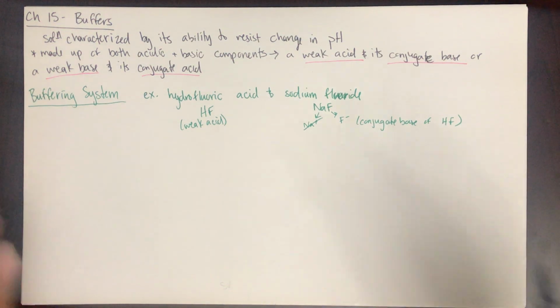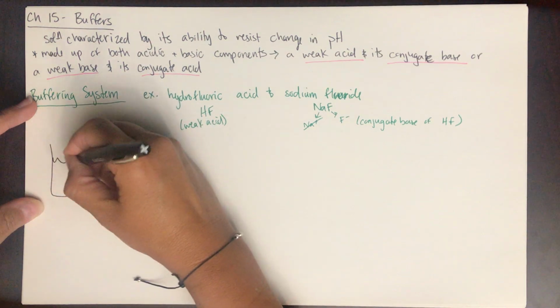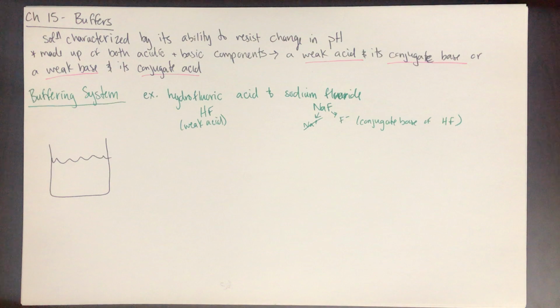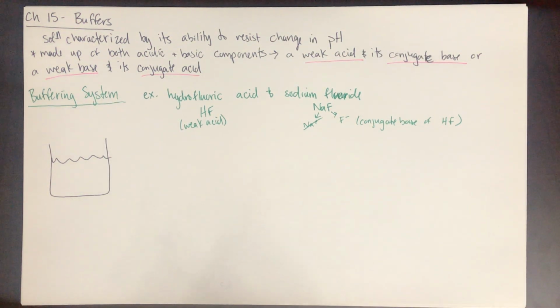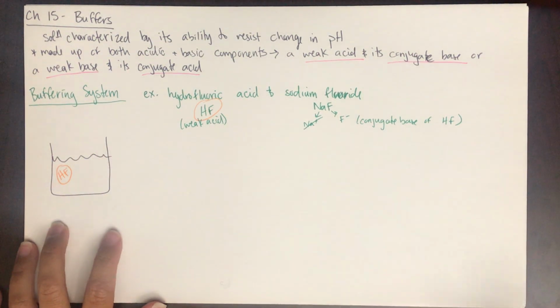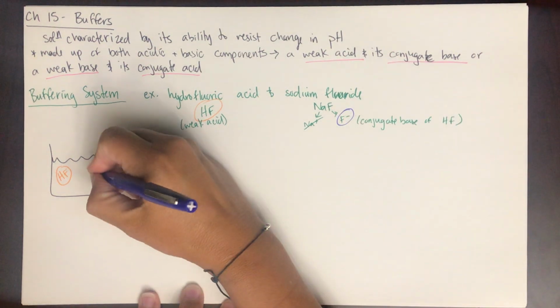So if we had a beaker and it had a solution in it of this buffering system, you have, let's say, hydrofluoric acid in here, and you have the fluoride ion in here.